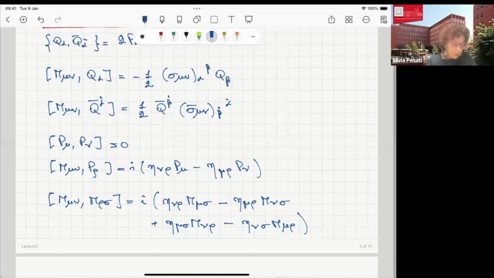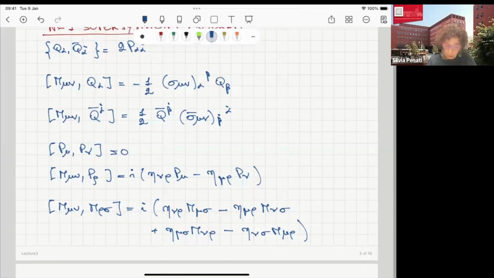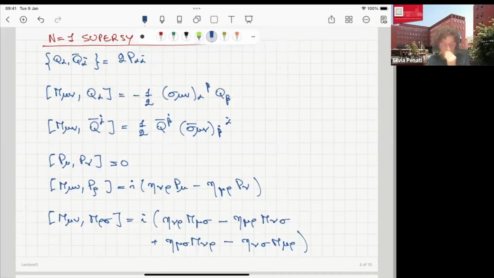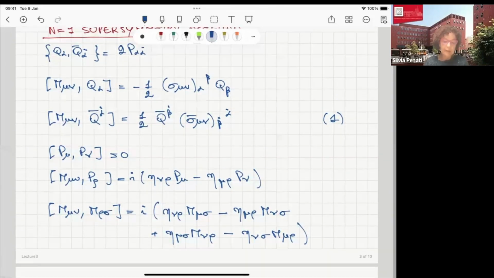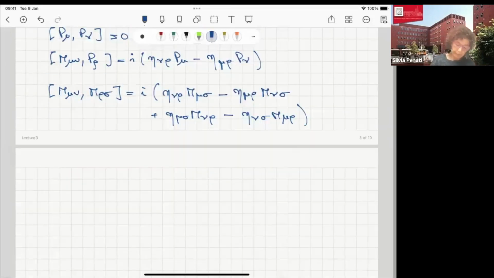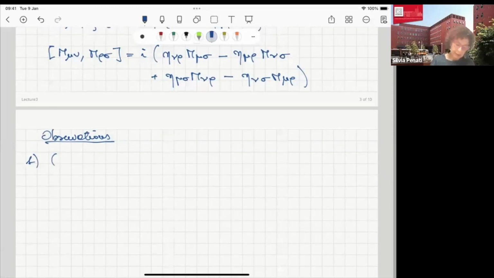Okay, so I should start with some easy observations about this algebra. So first of all, let me call this set of transformations 1. The first observation is that, of course, as I said already in words, this is a graded algebra.